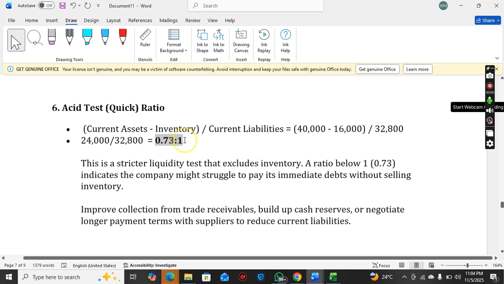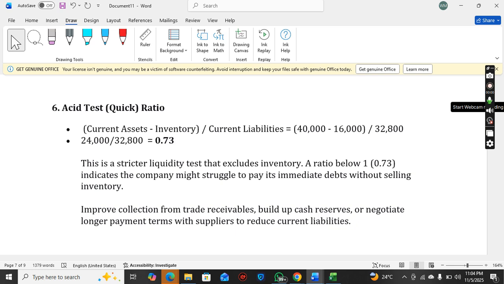You can show it as a ratio to 1, but I just like leaving it as a number. Since this value is less than 1, you cannot cover all your current liabilities without selling inventory. You will need to sell some inventory so that you can cover these current liabilities. So this quick ratio of 0.73 is not good.